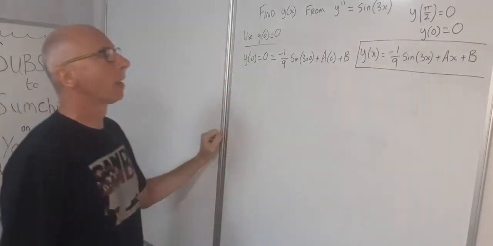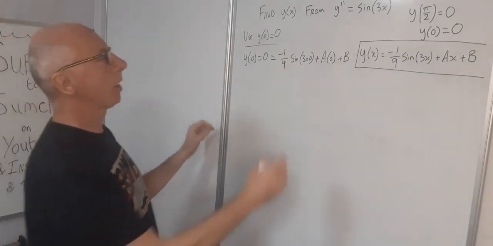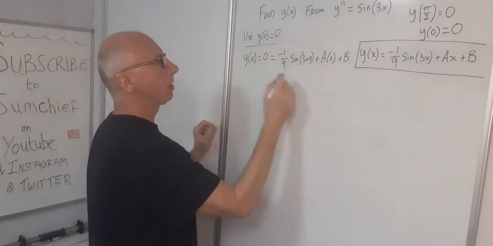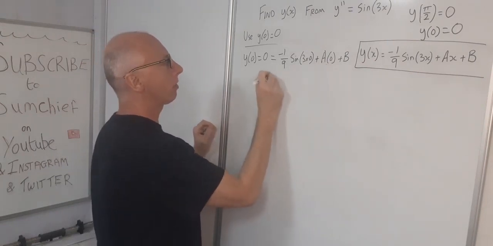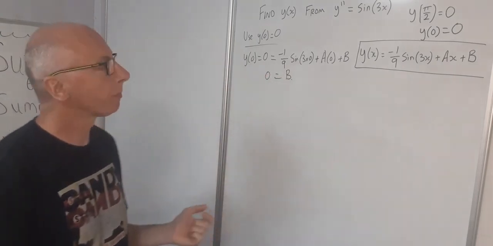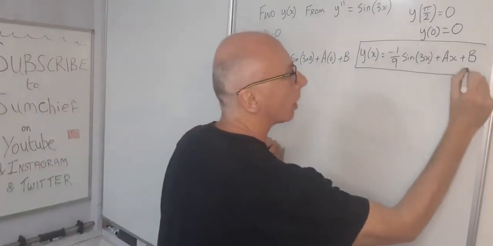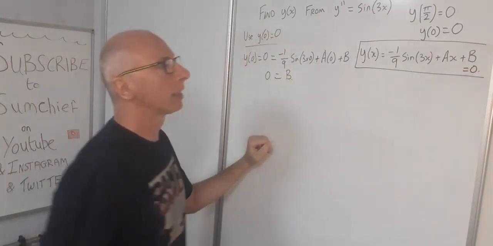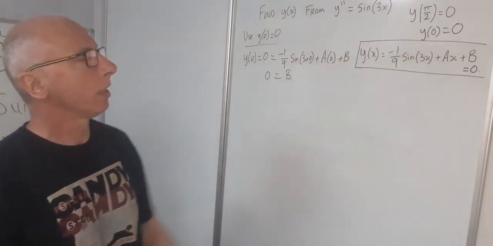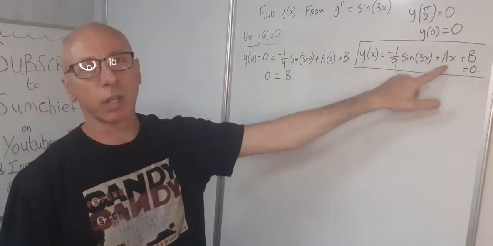Now we know that this disappears to 0 and this disappears to 0. So that's just going to leave us with 0 equals b. So b is 0. That takes care of that. Now we need to use y of pi over 2 is 0, and then hopefully from that we can find our a.